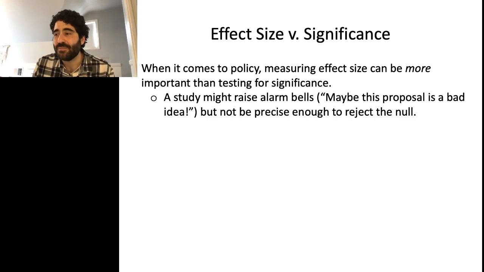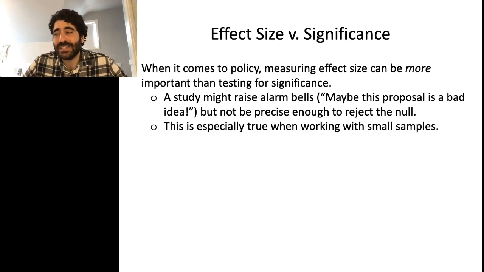You could also think of this as a really big confidence interval. So maybe there's nothing, but maybe it's really, really bad. That doesn't mean, okay, it's uncertain, we should ignore it. Maybe it means that we need to devote more effort to studying this, because maybe it's really bad. This is especially true with small samples, where confidence intervals tend to be large.